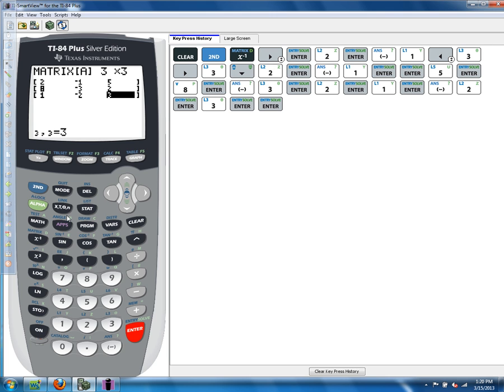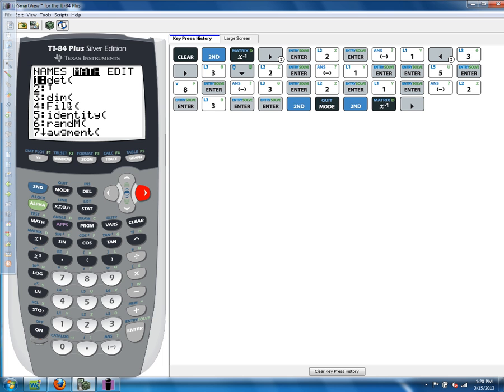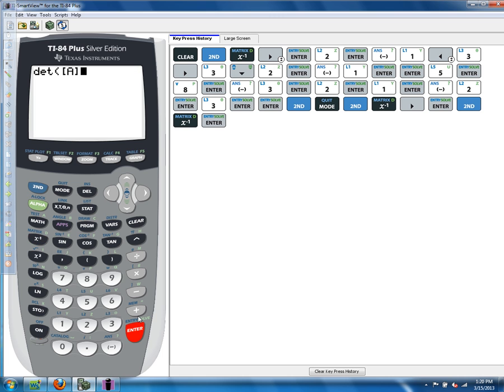Now I'm going to find the determinant, so let me quit out of here. I'm going to go back to my matrix menu, and I'm going to go over to math. The first one is the determinant. So I hit determinant, and I'm going to grab my matrix A and hit enter, and my determinant is negative 53.